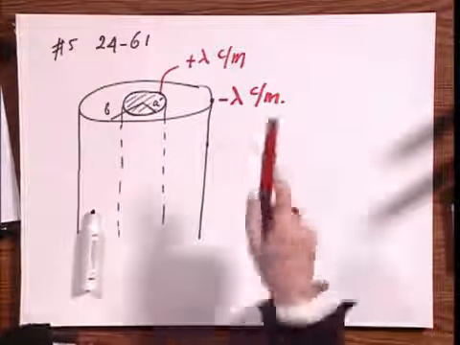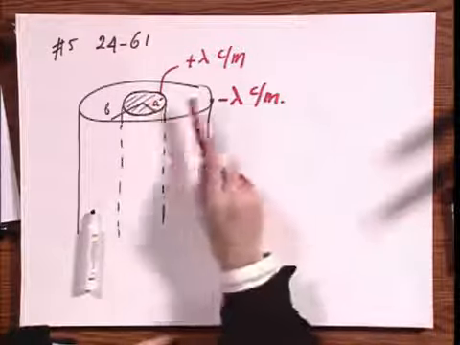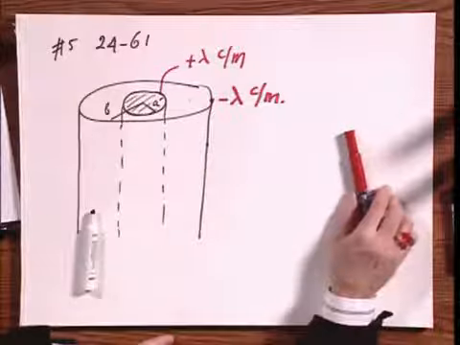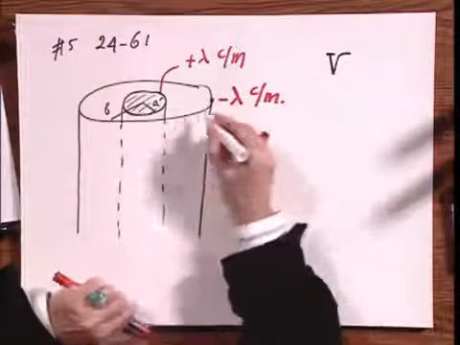So the net charge on the whole thing will be 0, because we have the same amount plus per meter as we have minus per meter, and you're being asked what is the potential anywhere in space, here, here, and there.